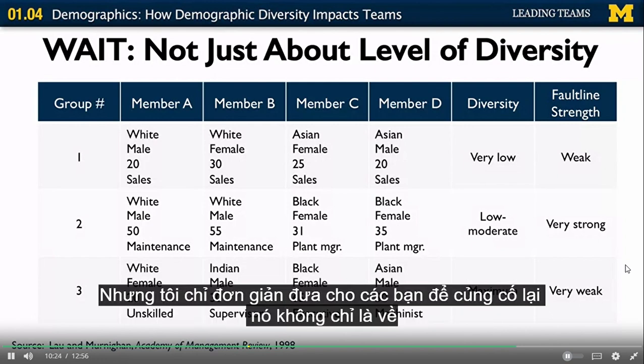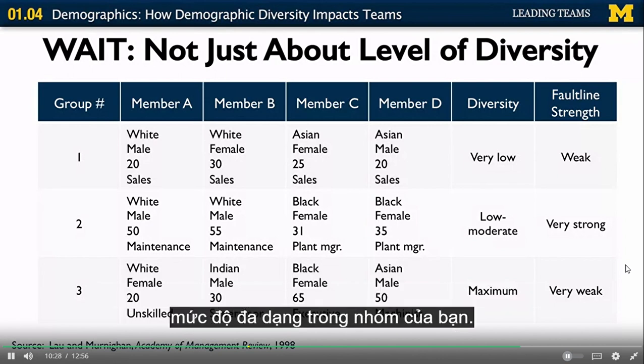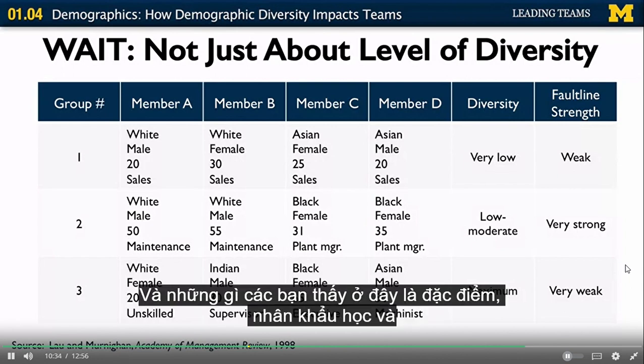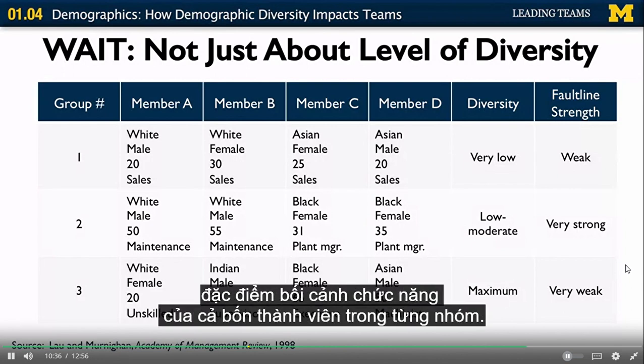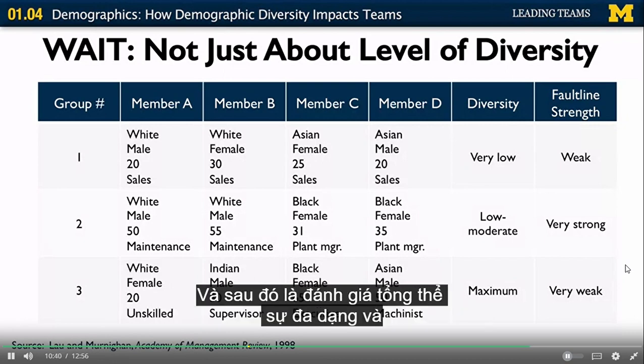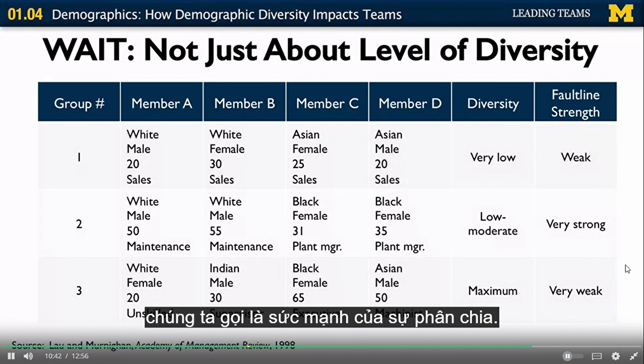But I give it to you simply to reinforce that it's not just about the level of diversity in your team. So I've given you an example here with 3 different teams, or 3 different groups, 1, 2, and 3. And what you see are the characteristics, the demographic and functional background characteristics of the 4 team members in each team. And then the overall assessment of diversity and what we call fault line strength.